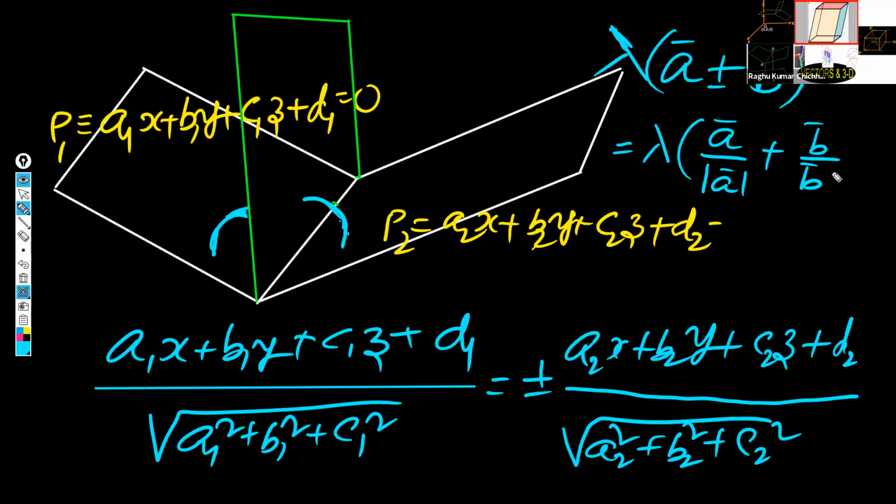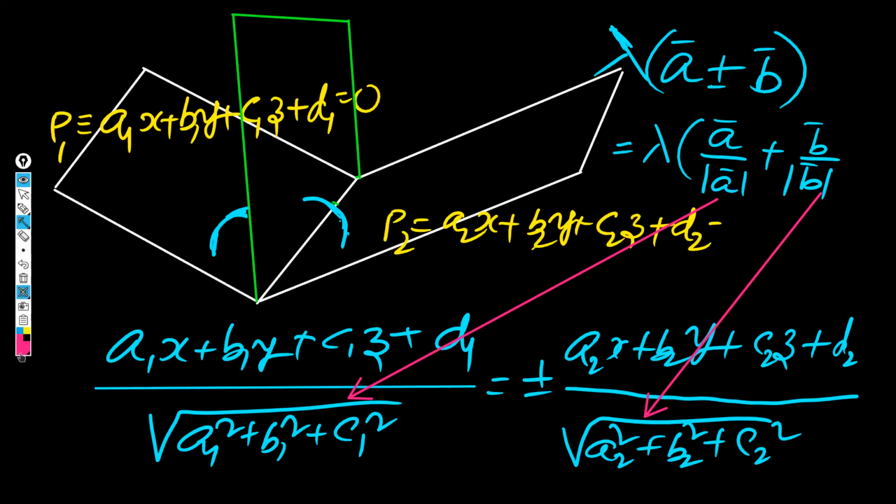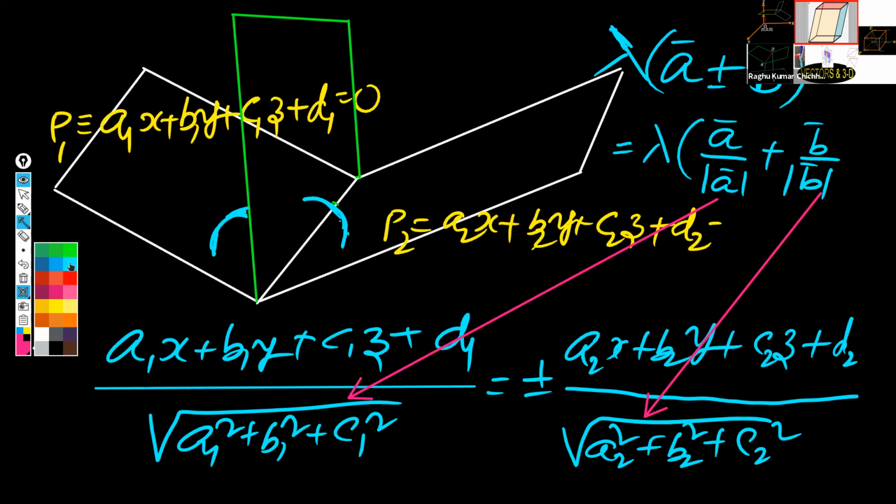Mod A bar relates to this one, mod B bar relates to this only. That's what you have to understand. So if you see three-dimensional geometry and vectors like this, the concept will be very easy for you.